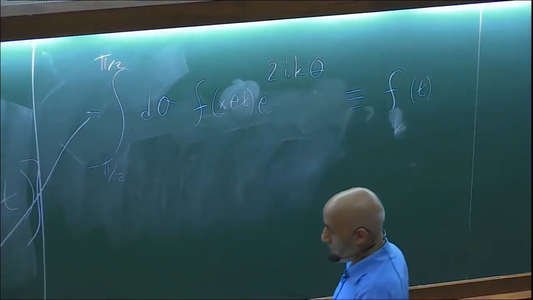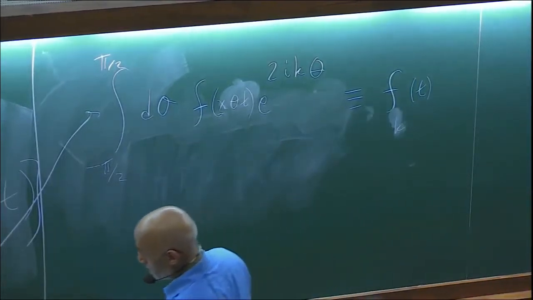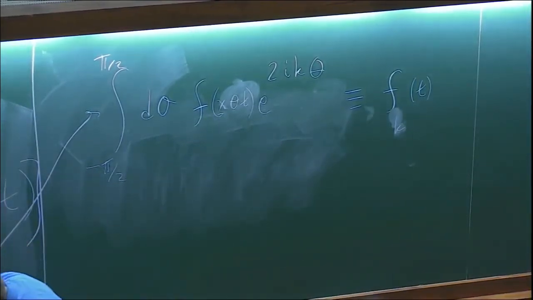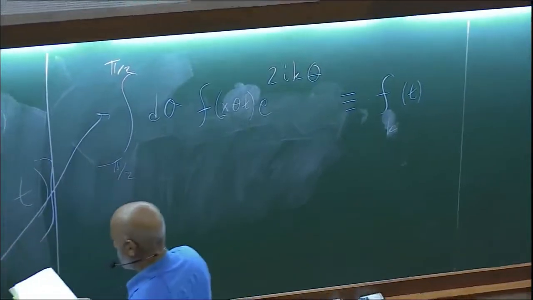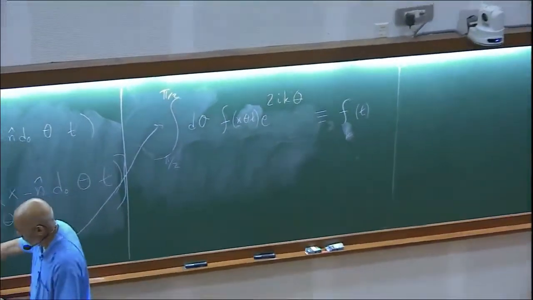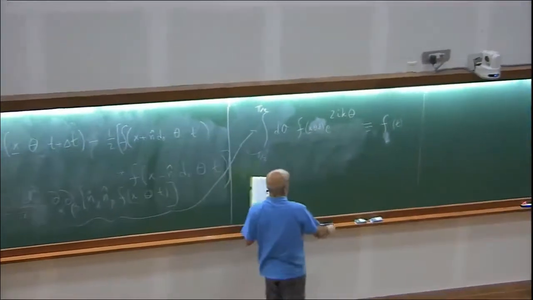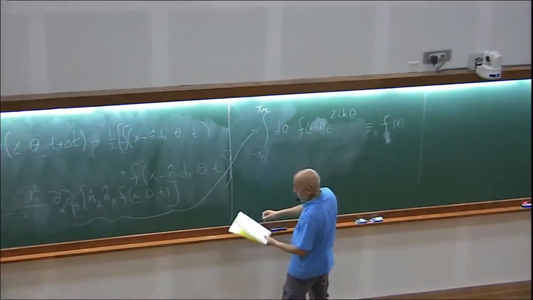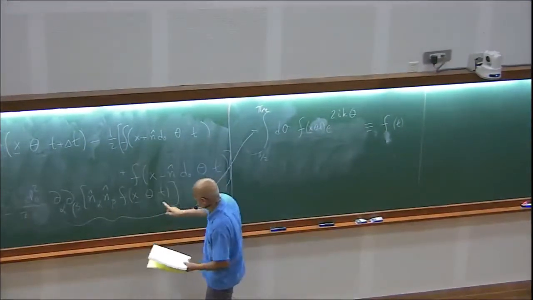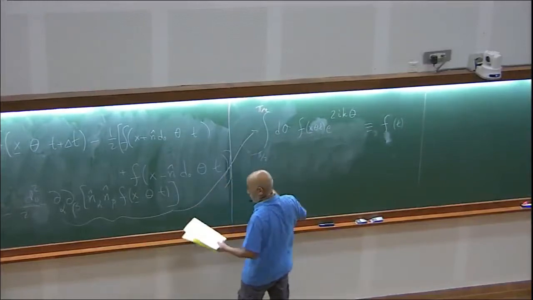Okay, so then what will happen is that if I take this nn and try to work it out, I can write this as, just take this multiplied by e to the 2ik theta.